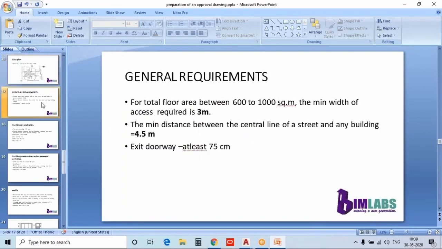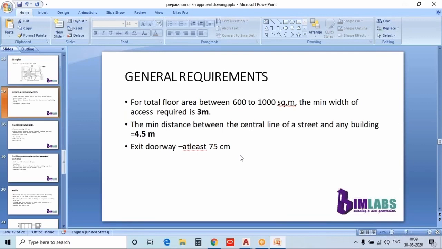And these are some general requirements, for total floor area between 600 to 1000 square meters. That is, if your total floor area is 600 to 1000 square meters. Normally we calculate the areas in square feet, not in square meters.